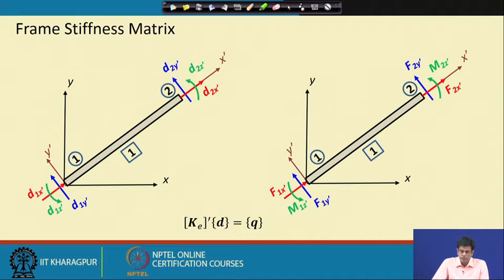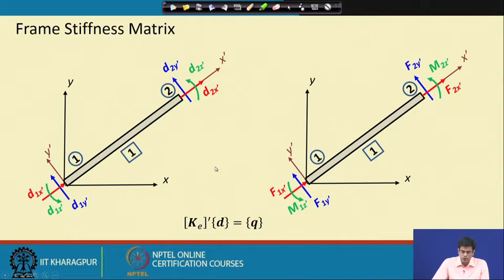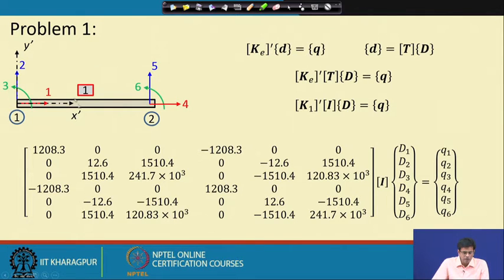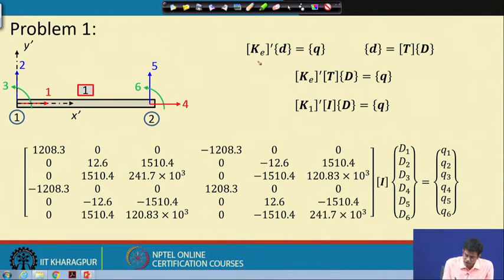Another important formula we will use is the local equilibrium equation. For a member with small d as my deformation, q as my internal loading, and Ke prime as my local stiffness matrix, the equilibrium equation reads Ke prime d equals q, where q is the internal loading I wanted to find out.